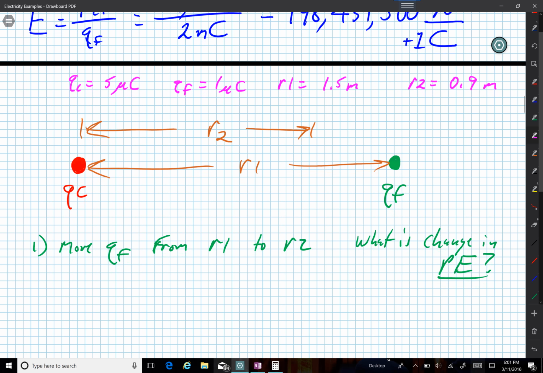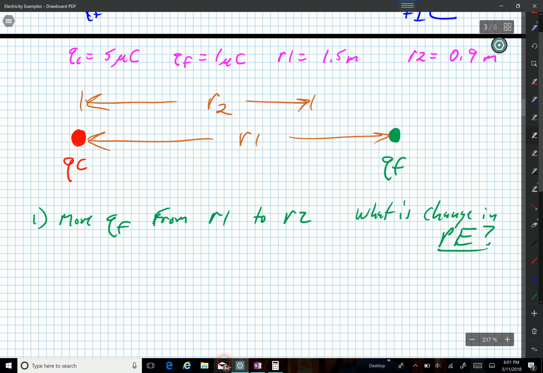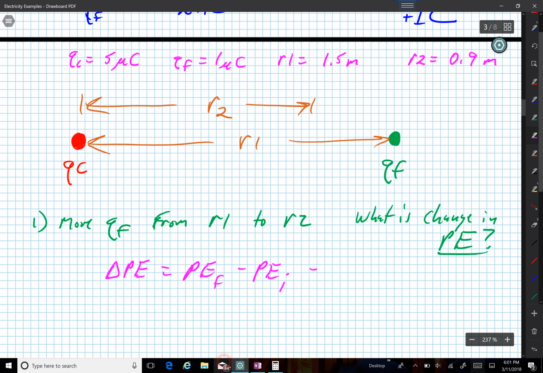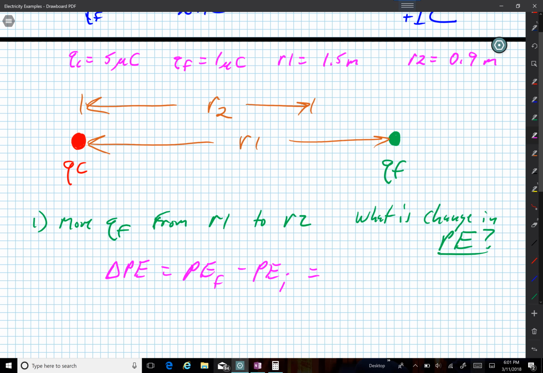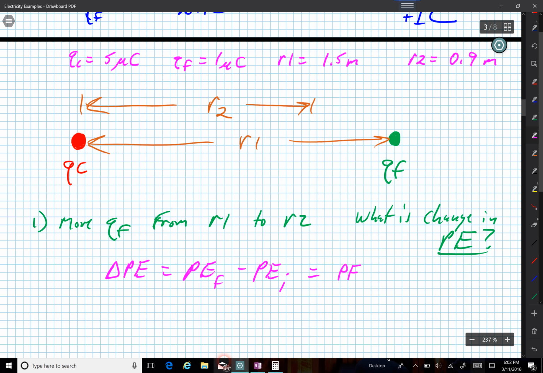Okay, so remember, delta PE is PE at the final minus PE at the initial. Well, in our case, we're moving from R1 to R2, so the final is 2, so it's PE2 minus PE1.